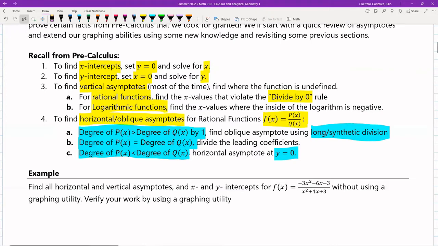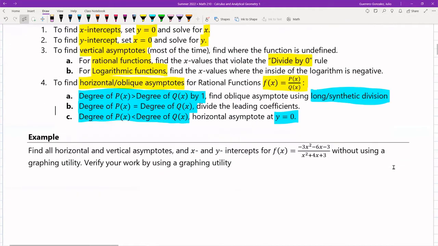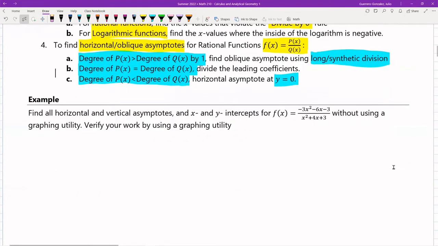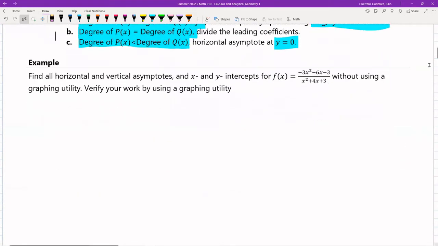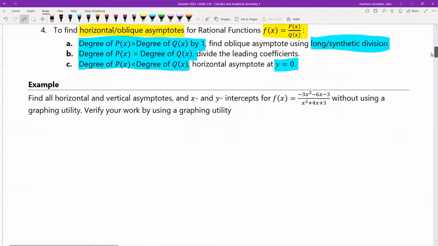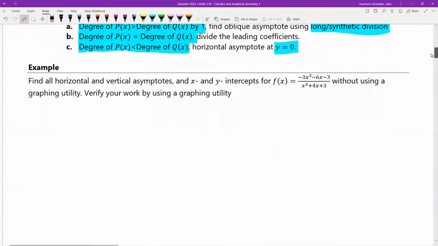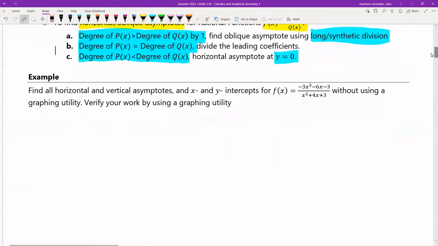Okay. So really quick, what I want to do first is go ahead and do this example. So here's a rational function, right? And what we're going to do is find the x and y intercepts and the horizontal and vertical asymptotes. Okay, so let's do the x and y intercepts first. So x-intercepts first, right?